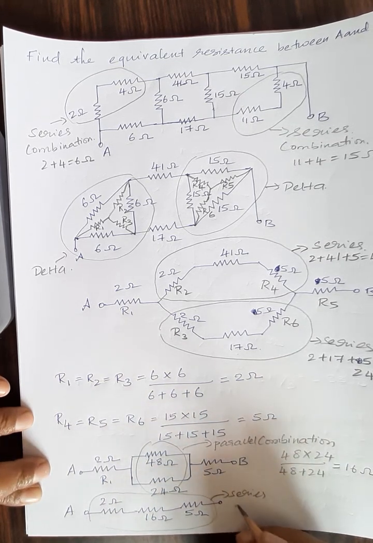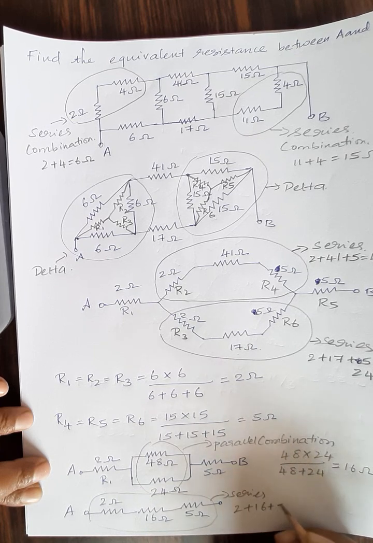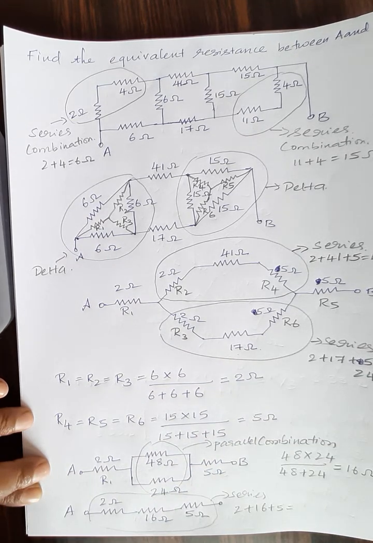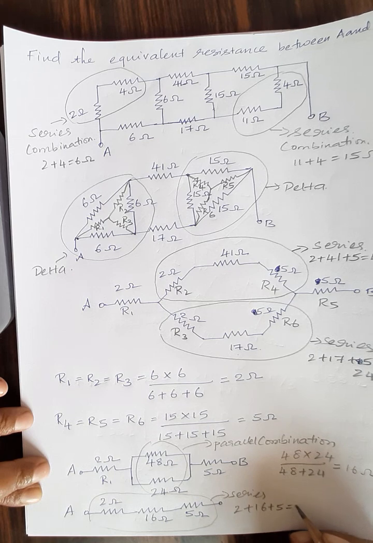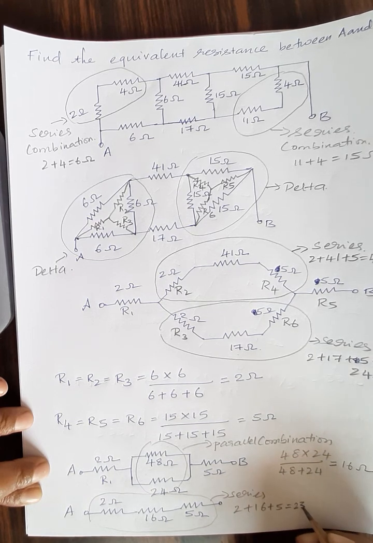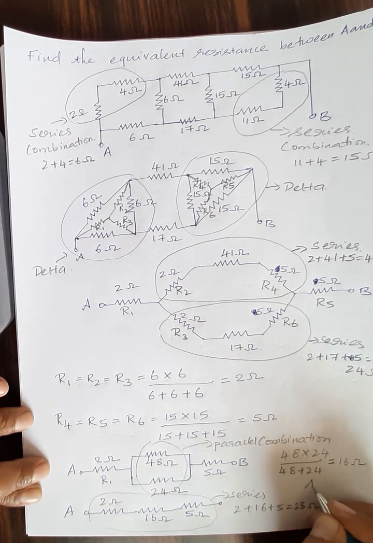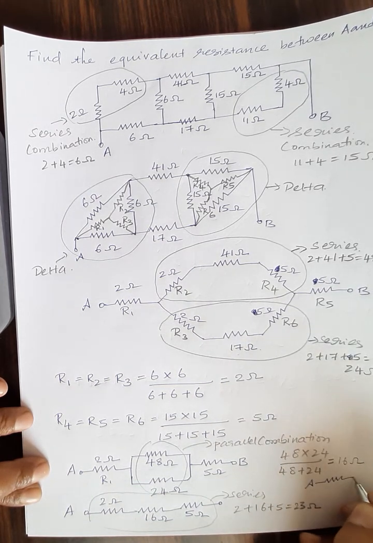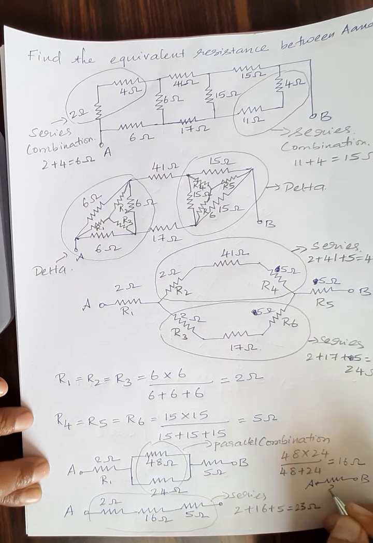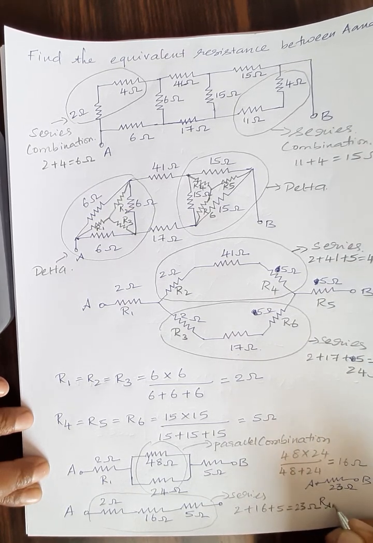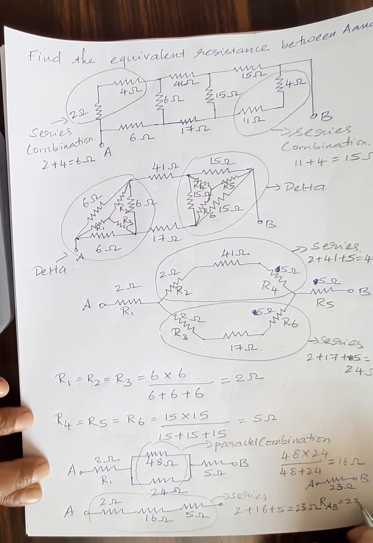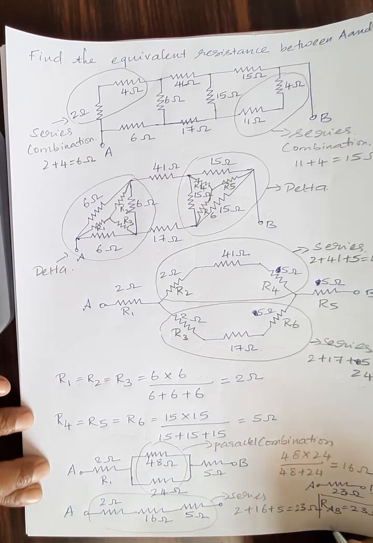Add all the resistances, 2 plus 16 plus 5, you will get 23 ohm. So final across A and B, the equivalent resistance now is 23 ohms, or RAB, which is equal to 23 ohm. So this is the answer.